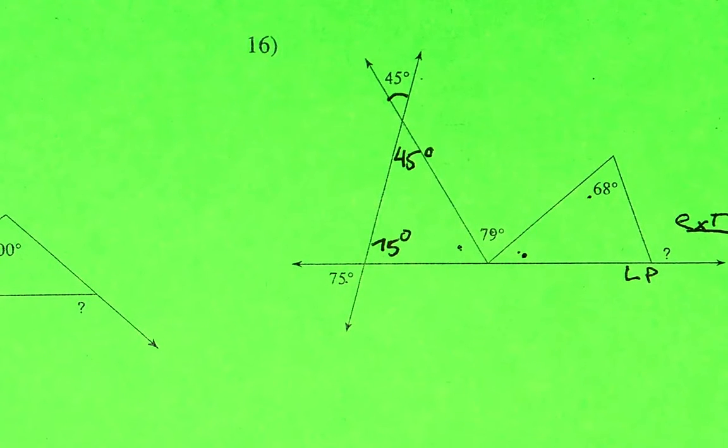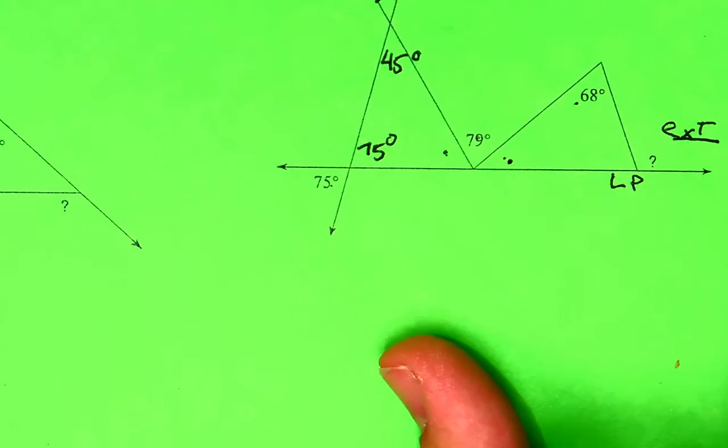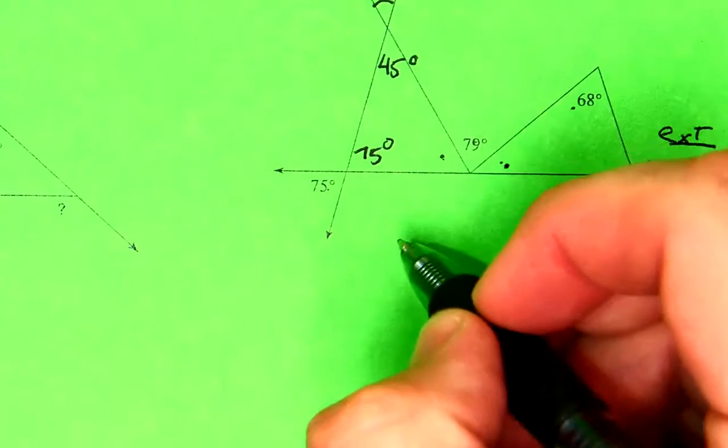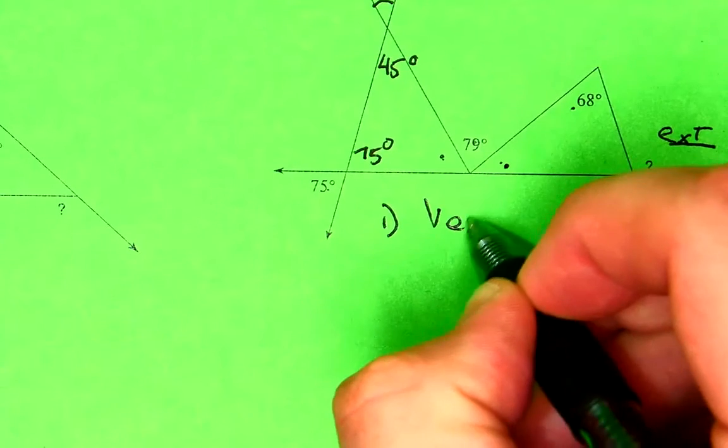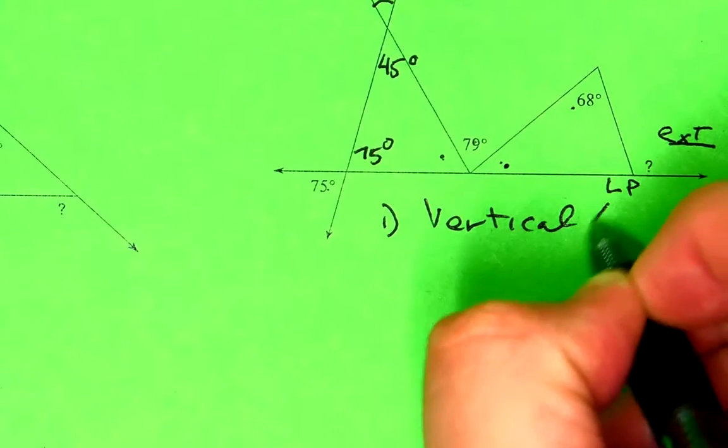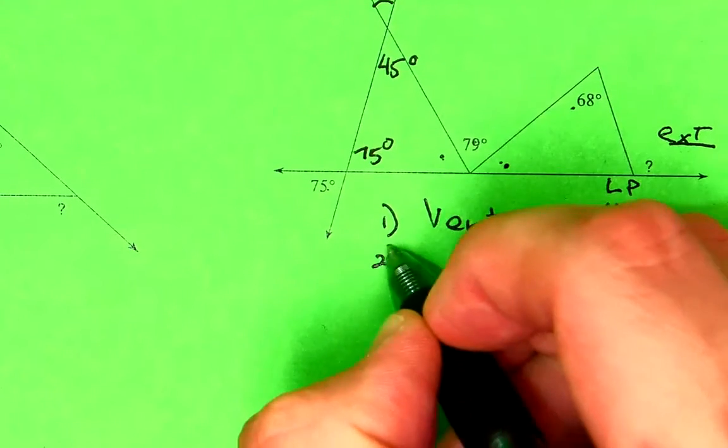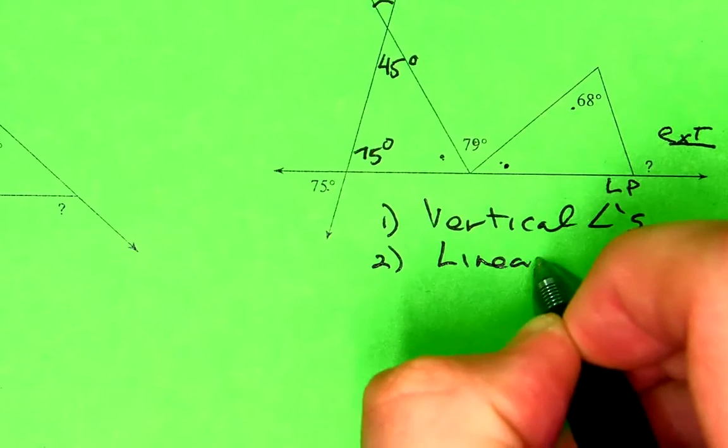But again, I stress, the four things you need: linear pair, vertical angles, then you move on to exterior angle theorems and triangle sum theorems. So the more complex the problems get like this, one, check for vertical angles. Two, check for linear pairs.